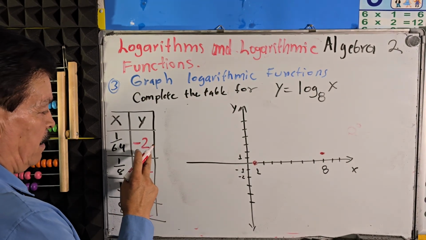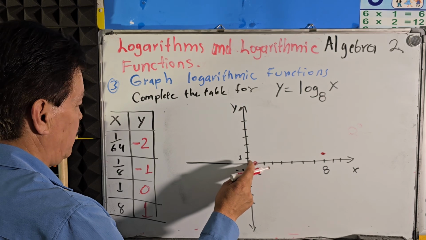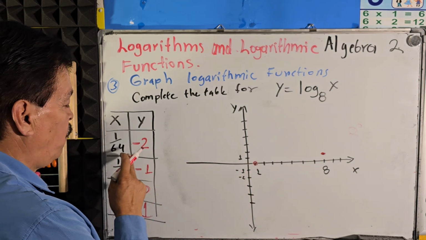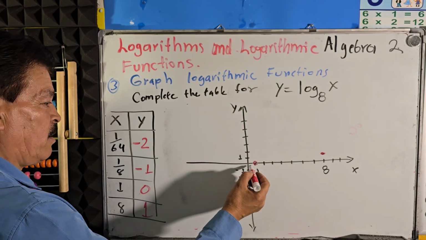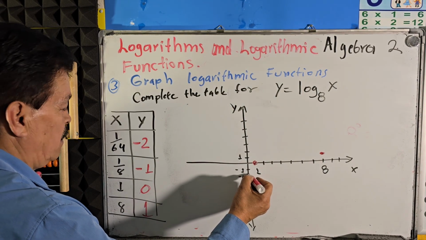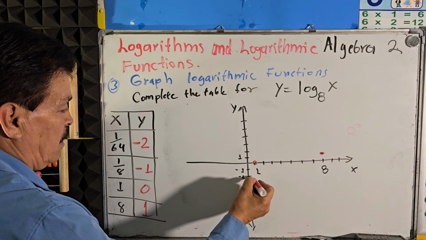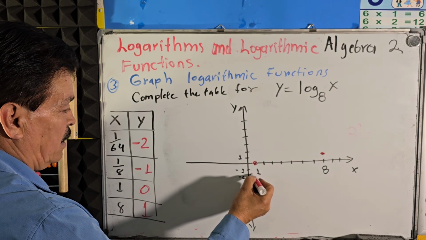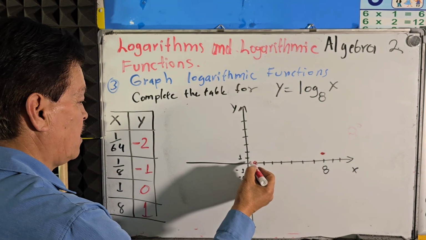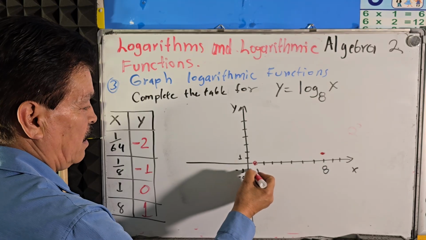And then we have negative 2, 1/4. So it's very small right here. 1/4 positive. 1/64. So it's very little. And negative 2 is right here. So like this. And then we have negative 1/8 divided by 1 right here, and negative 1 right here.